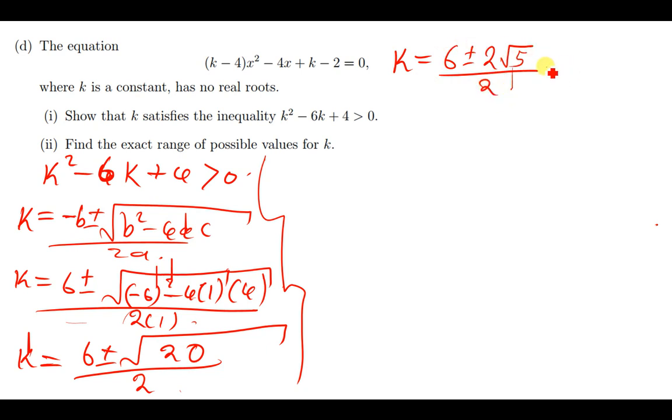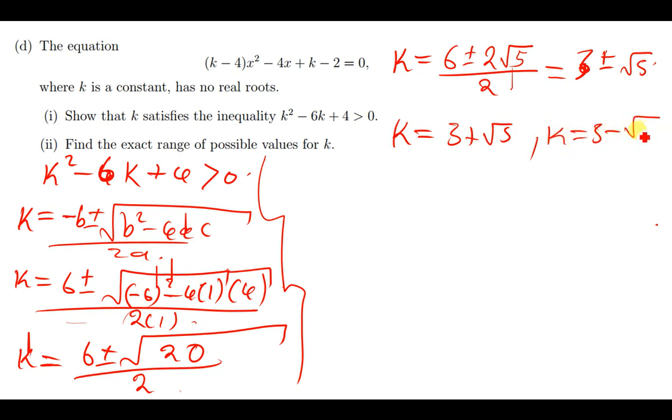So when we simplify this, 2 into 6 there, we're getting 3, plus or minus 2 into 2 root 5, this is just root 5. So we can have the first value of k as 3 plus root 5, and then the second value of k is 3 minus the root of 5.